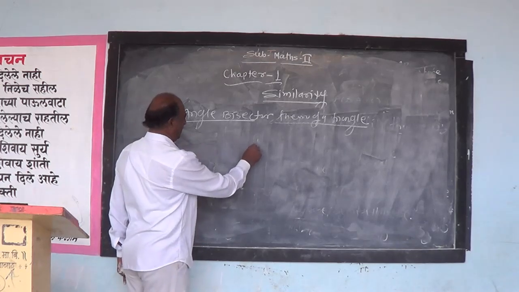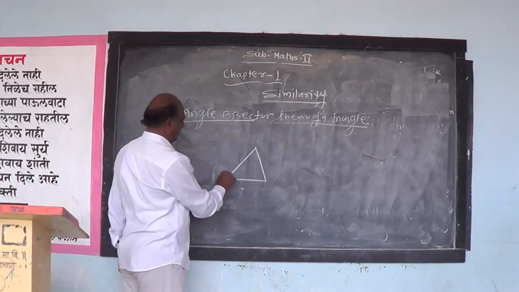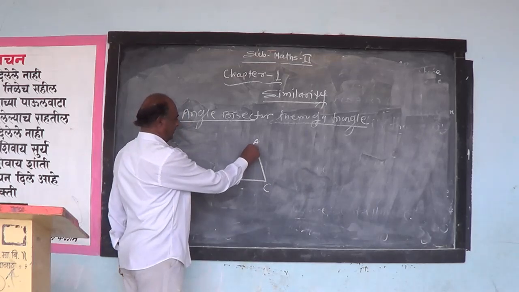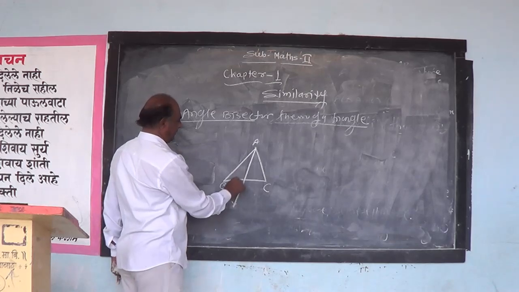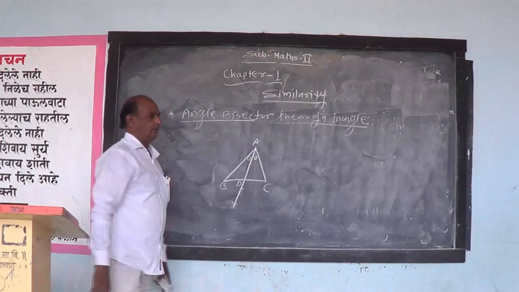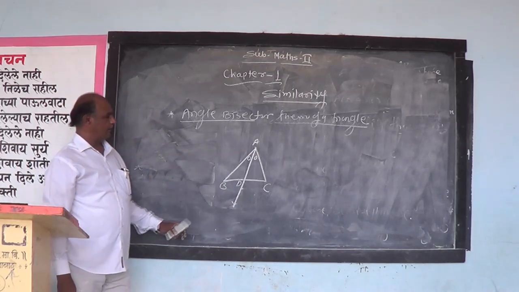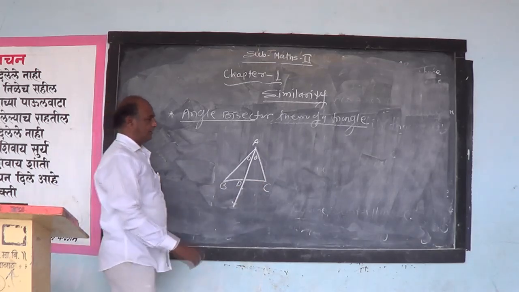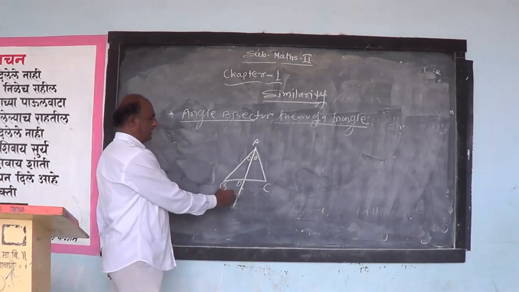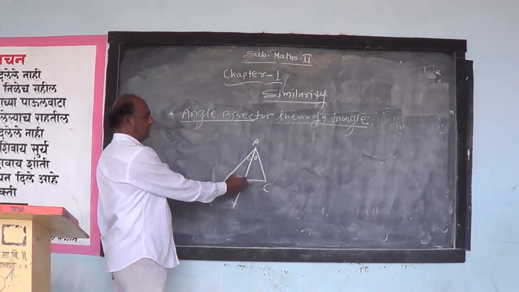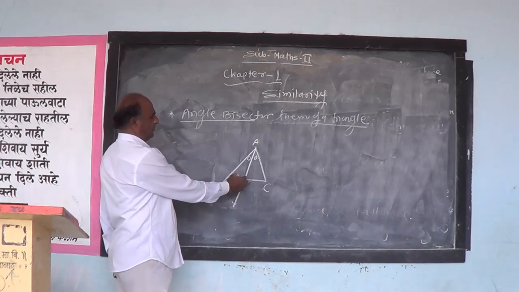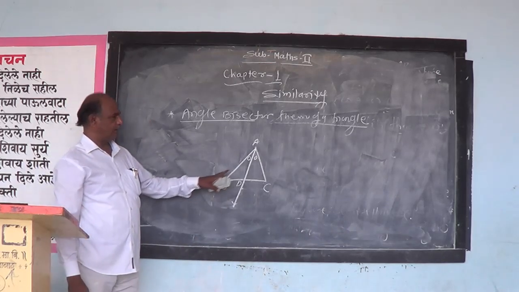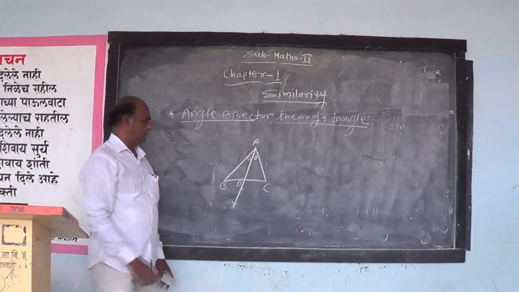Suppose we are given triangle ABC, in which ray AD is the angle bisector of angle BAC. Then that angle bisector divides the opposite side in the ratio of the remaining two sides.